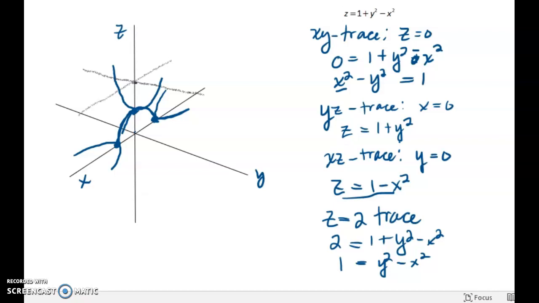In that plane, this represents a hyperbola. The y-intercepts are 1 and -1. So here's y equals 1, here's y equals -1. Translate those upward. Those should actually connect with the parabola that I just drew here. You could verify that if y is equal to 1. Where is that?